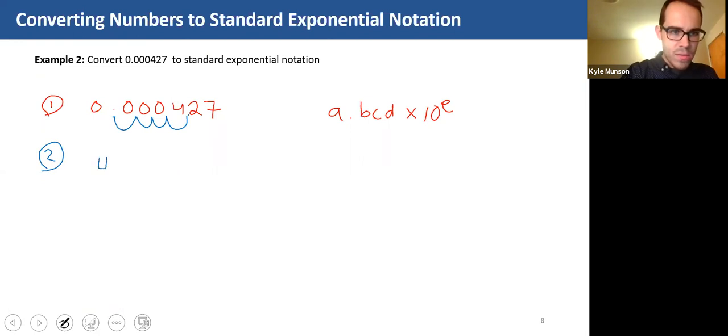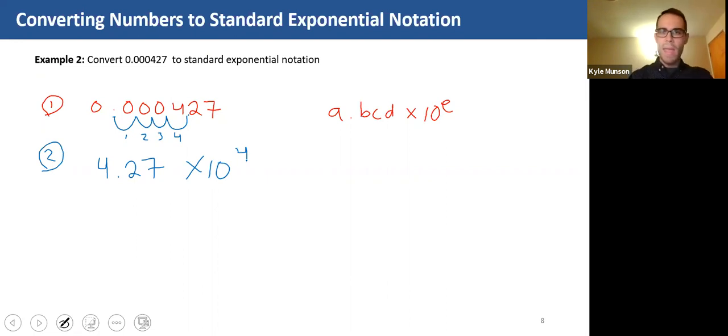So it's going to look like this, 4.27, okay, times 10. And now how many places did I move over? 1, 2, 3, 4. So this is a 4. And I moved over to the right. So because I moved over to the right, this is going to be negative.